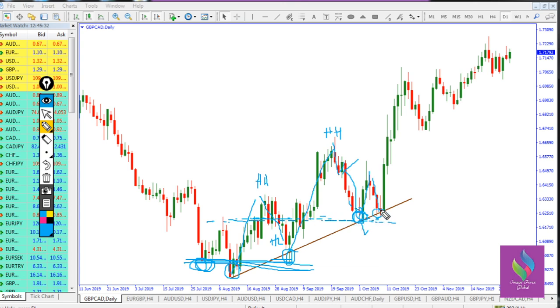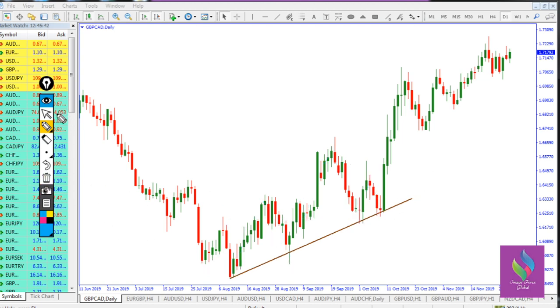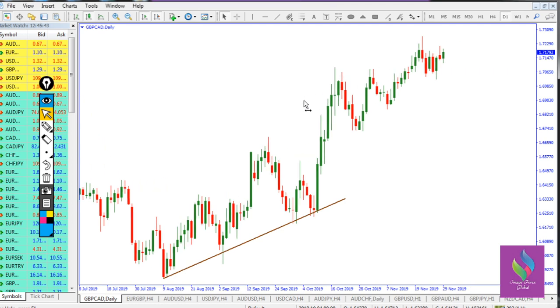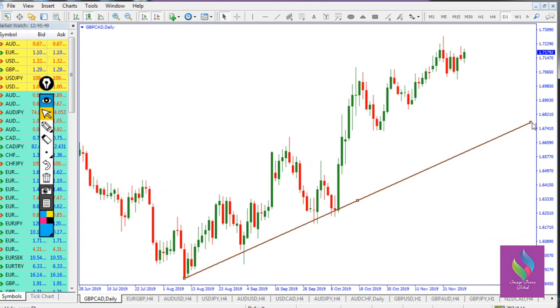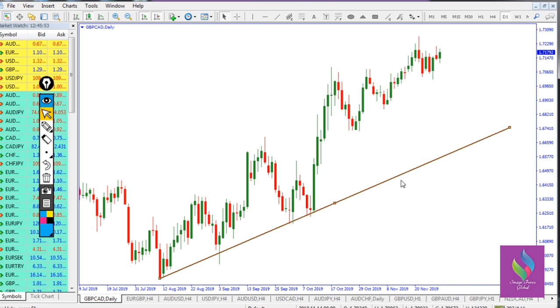And it gave up and price went back up. So if this trend line sooner or later is going to come into play, you must have something like this. We'll be hoping to have something like this. Am I right? So you'll be looking for something like this.